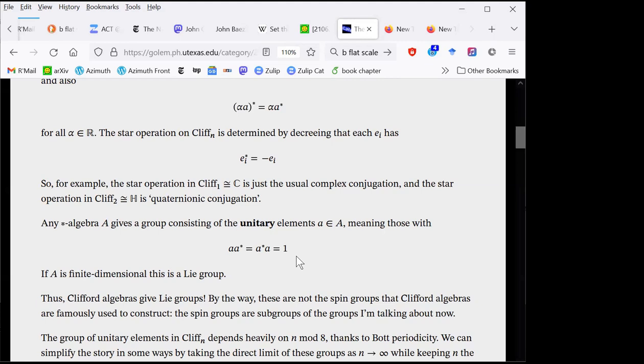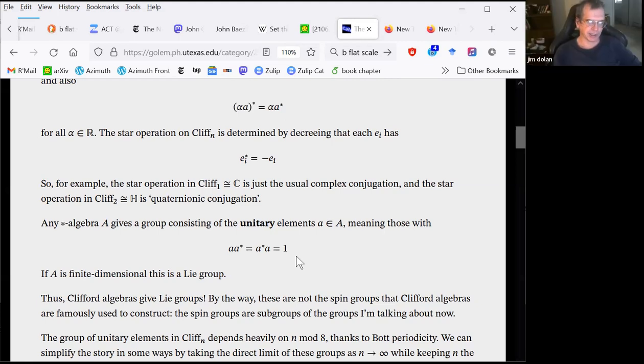Well, star modules have an inner product themselves, and that inner product is related in some way to the inner product of the inner product space from which we're taking a Clifford algebra. I didn't say exactly what way it's related, but it should be a fun way.